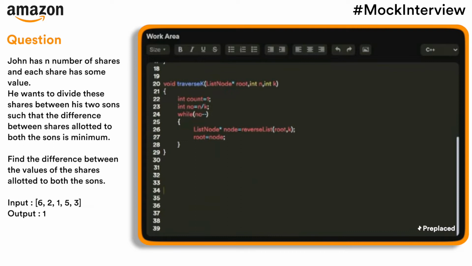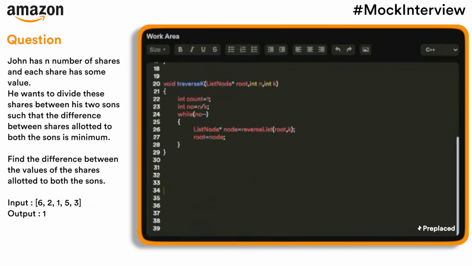Now tell me, in zero one knapsack, what do you have in the input? You have two arrays or two sets, right? One is for the weight and another one is for the value of the items, correct? Yes. And what is the target of the zero one knapsack? What is the target sum?